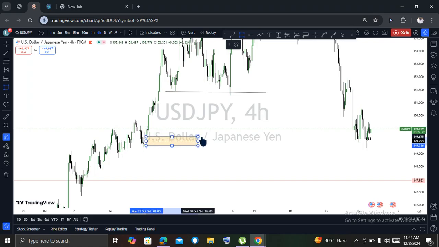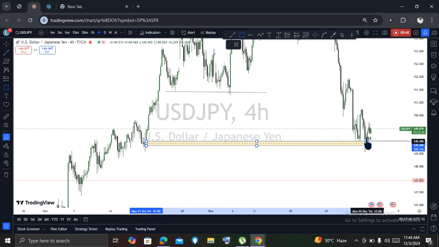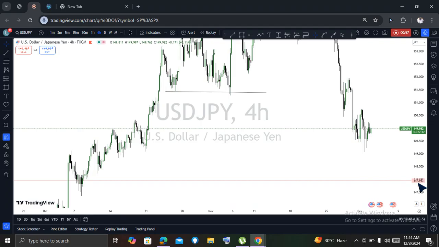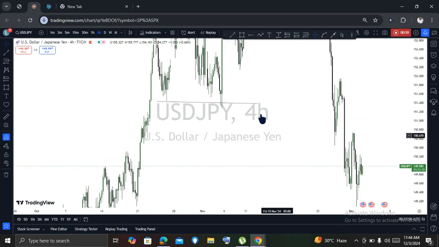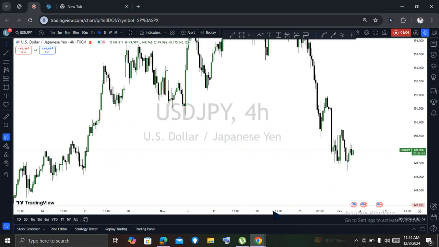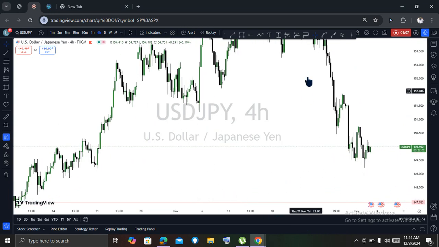So first of all, let us mark up our area of interest. What we'll be focusing on is the recent price action. Firstly, I'll mark out my low.